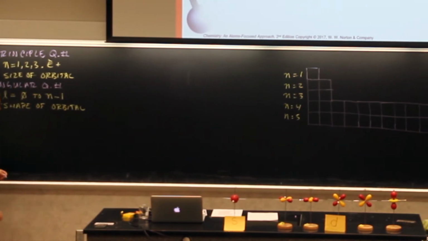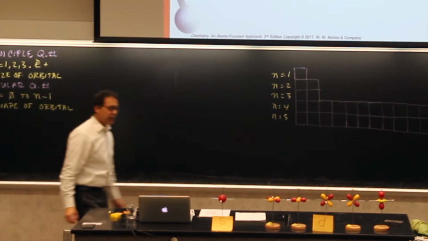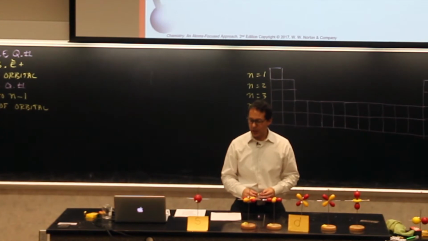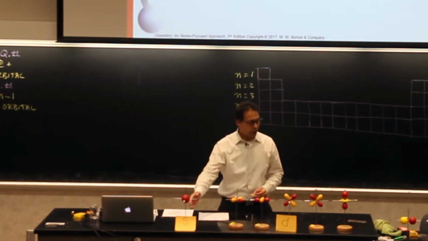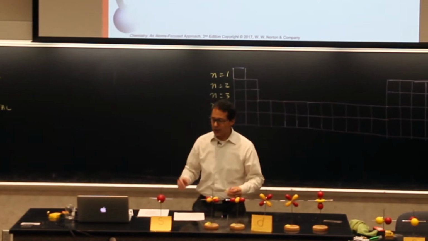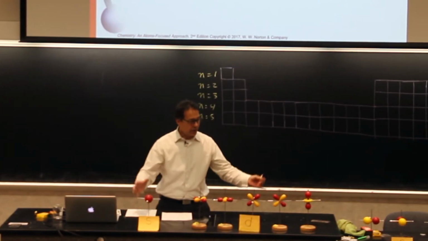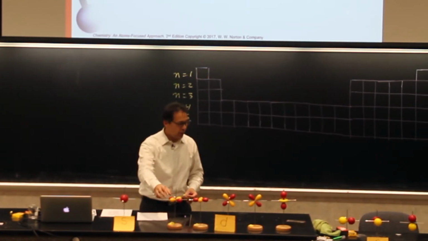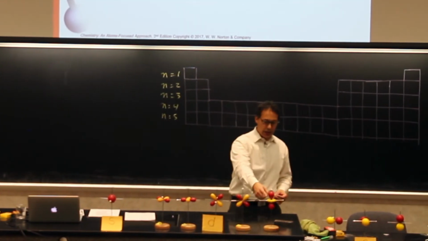Now, the shapes of the orbitals, I have some diagrams here. And maybe you've seen this when you took high school chemistry and you had s orbitals and d orbitals and p orbitals. So these are the different shapes of the orbitals. They're spherical and this kind of teardrop shaped, and not sure what the heck that is.